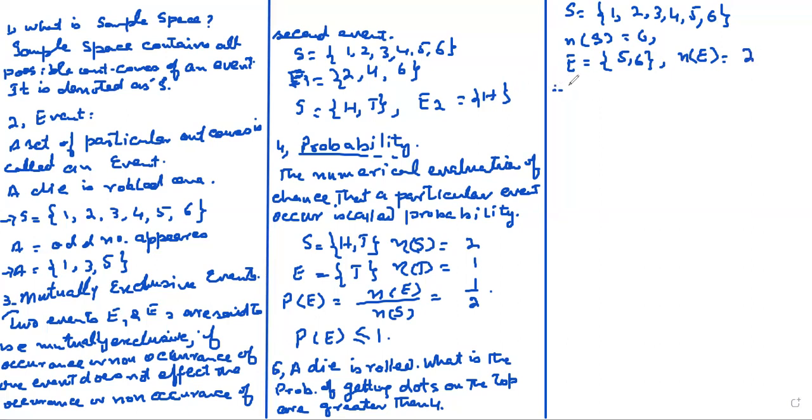Therefore, probability of E equals N(E) divided by N(S), which is 2/6, equals 1/3. I have told you that the probability will come only less than or equal to 1. If it is greater than 1, it means that our solution is wrong.